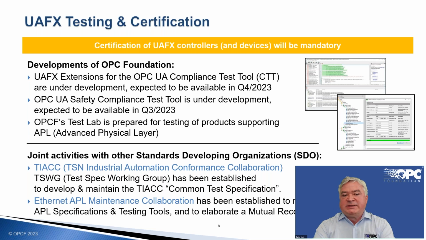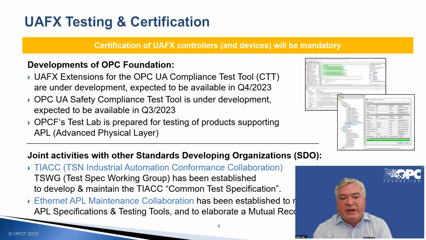To achieve this high quality, we have different developments going on. One development is related to the compliance test tool of the OPC Foundation, the CTT. We are creating test cases and test scripts for the CTT to allow the testing of UAFX implementations.